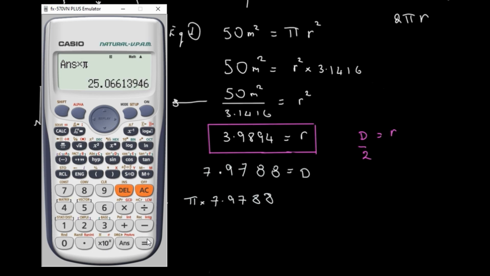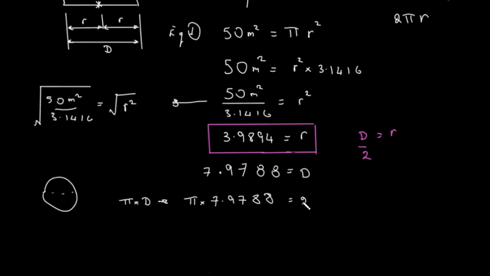Pi times the diameter is 25.0661. I know the decimals go on, but we're stopping at 4 decimal places. Now that is all the way round. We only want half of it, so now we divide that by 2.